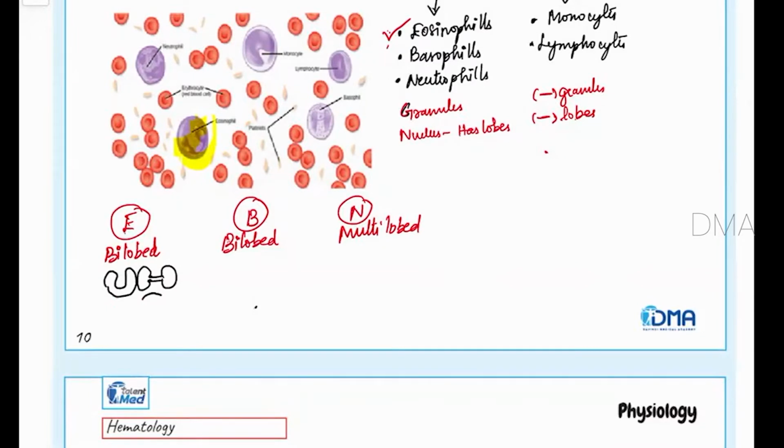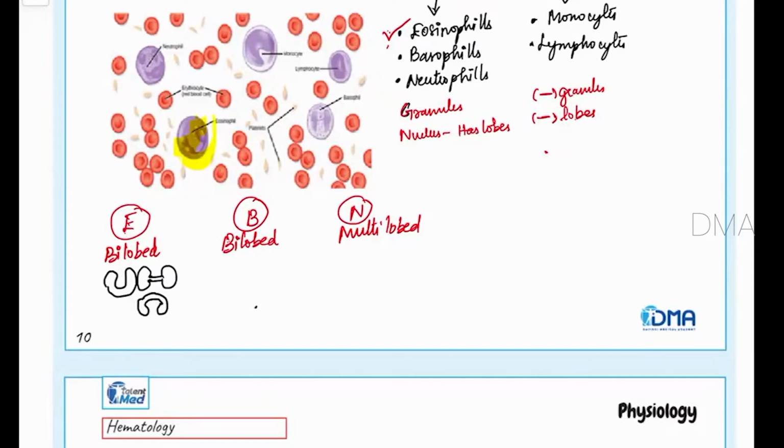This is how most eosinophilic nuclei will be present, in a headphone shape or a double-shaped nucleus.